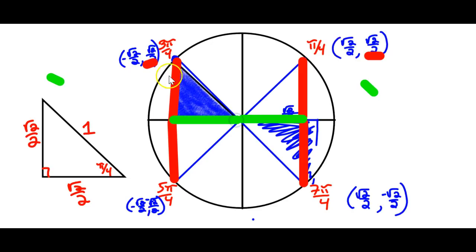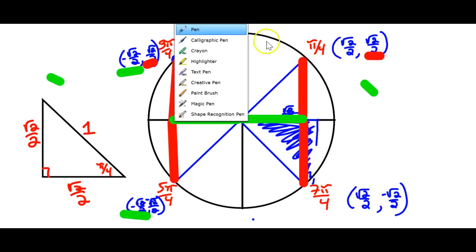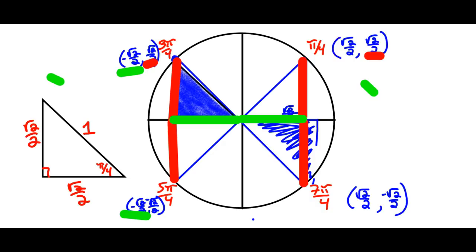X value right here, that's your cosine value over in here. Cosine value down here as well. And so, all that to be said, sorry, I get a little distracted there with the computer.